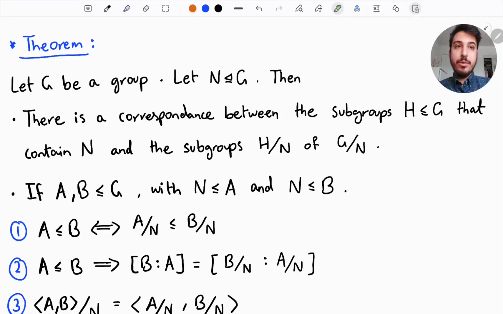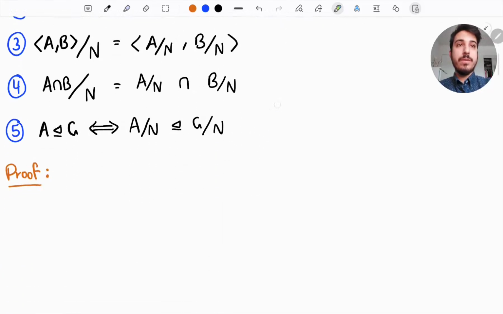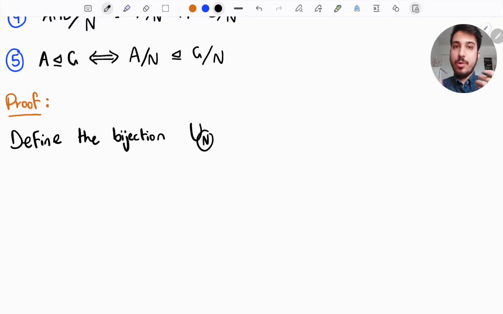The first step in my proof is to prove that there is a correspondence between the subgroups of G and those of G/N. So this is exactly what I'll be constructing. I will define a map, which later I will prove to be a bijection. I call it U_N. The subscript here is N, which is the normal subgroup in question.